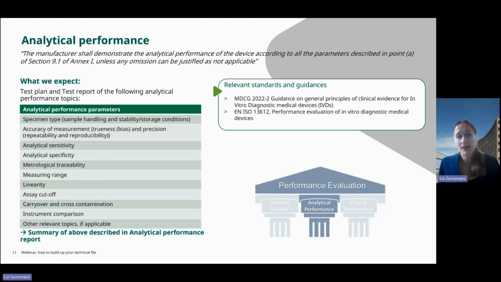What we expect per analytical performance parameter is the test plan and the test report. We need to see what you have done, how you have tested, what your experimental setup was in order to determine, for example, the analytical sensitivity, and also the report.